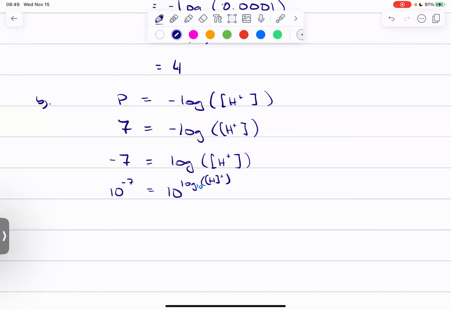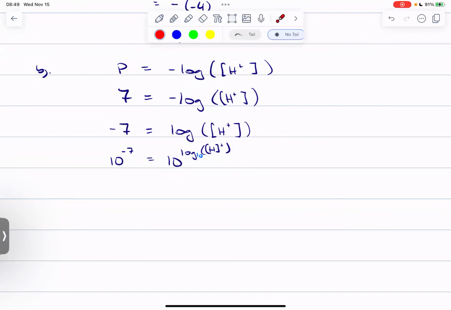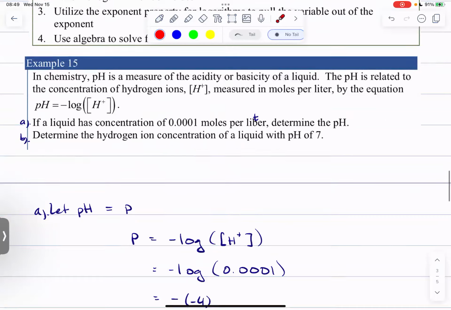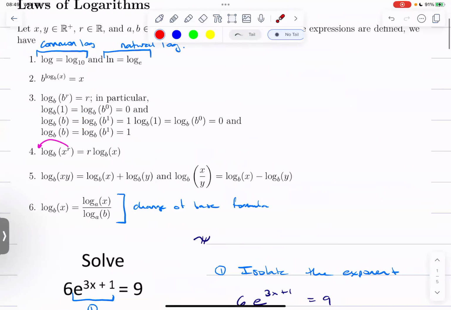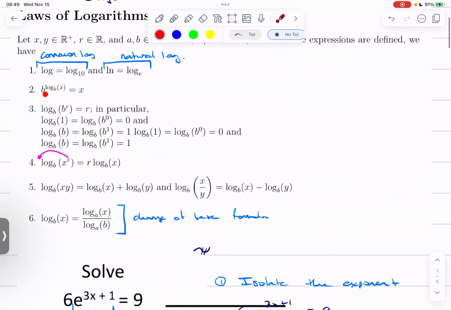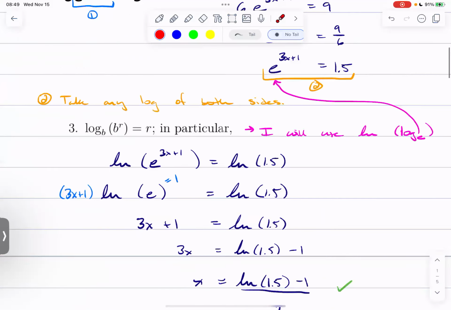So then 10 to the power of log base 10 is going to drop out. And let's go back to where those rules are. B to the log base b, 10 to the power of log base 10 of x is just equal to x. So that's the rule that we're using, rule 2, I guess.